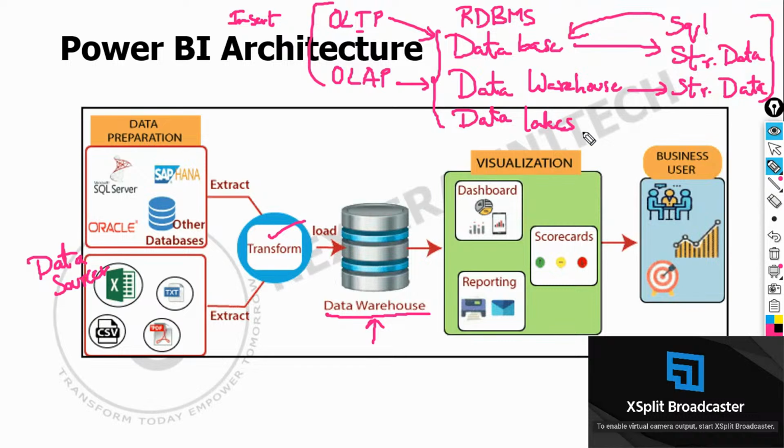And finally, we also have data lakes. What is this data lake? A data lake is again a place where data is stored, but not only structured data. We can store all formats, structured, unstructured, or semi-structured, in the raw format, as is, for advanced analytics purposes.